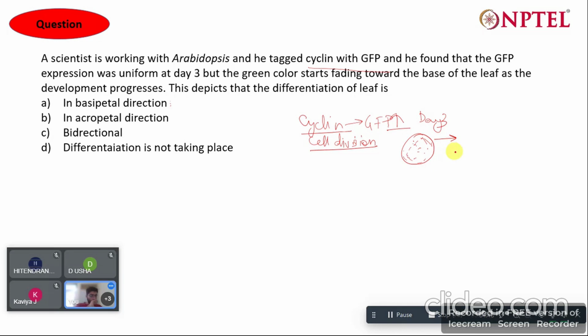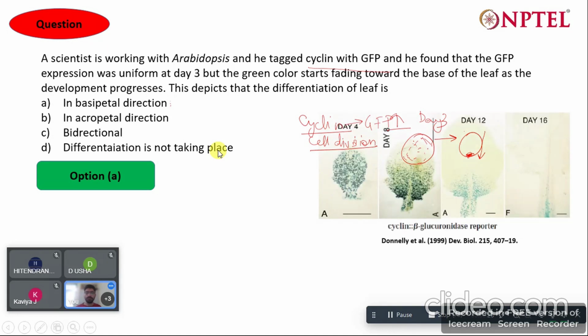So now what they are observing is the green part shifting towards the base. So this means that the development is going basipetally. So the correct answer is A.